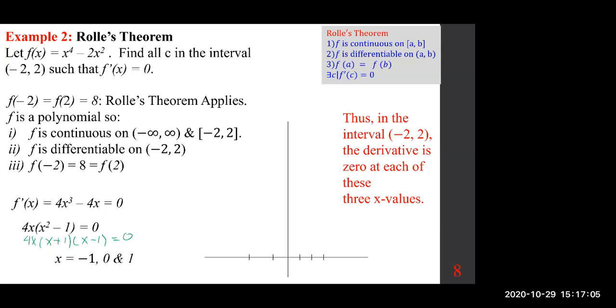We have proved that. In the interval of -2 to 2, the derivative is 0 at each of the following 3 points. By the way, you want the ones in between -2 and 2. All of them belong to the interval of -2 to 2. If you have a bunch and some are not, you just consider the ones that are in the interval of interest.